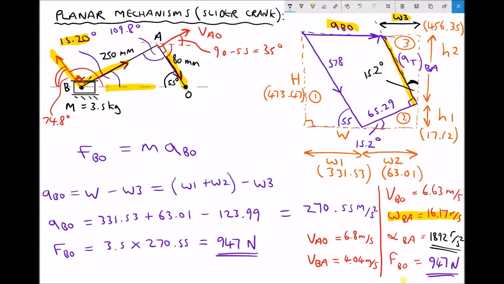The first principle that they rely on you understanding is that linear velocities of rotating components act tangential to the linkages. And another important aspect is that there can be two accelerations. There can be a centripetal acceleration acting towards the centre for rotation, and there can also be a tangential acceleration, but there's only a tangential acceleration if the angular velocity is changing. So I hope you found this video useful, and thanks for listening.